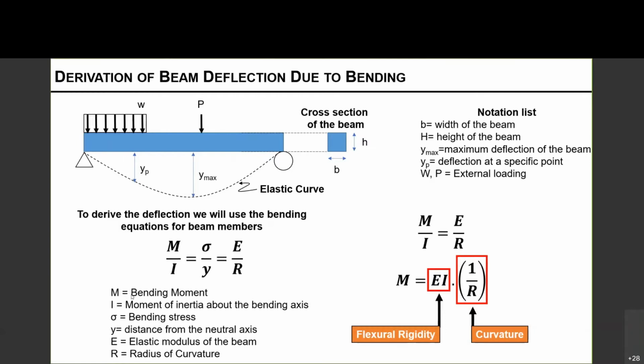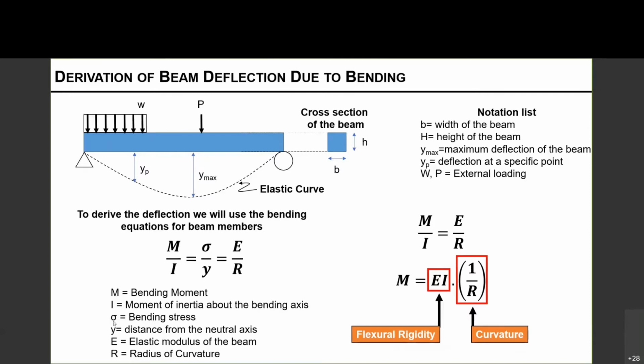So M here is the bending moment due to the external loads, right? I is the moment of inertia about the bending axis. When you talk about a beam element like this supported by the boundary conditions, typically the beam is bending about the major axis, which is called the x-axis.